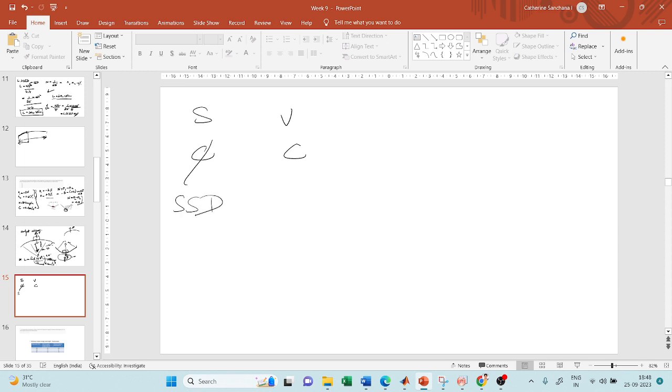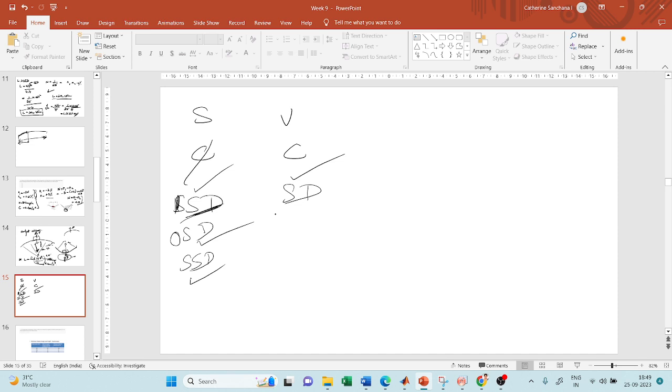Then based on sight distance, it can be any sight distance, either OSD or SSD. So based on this sight distance also, you have one equation for a summit curve and one for a valley curve. I told you for a summit curve, you can take either stopping sight distance or overtaking sight distance.